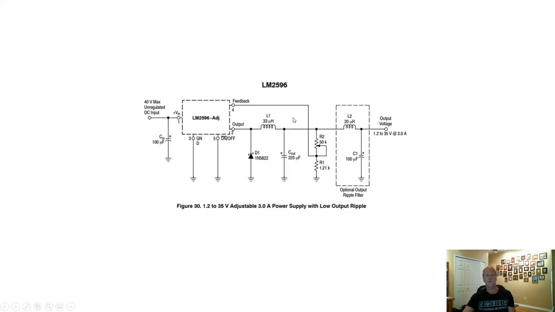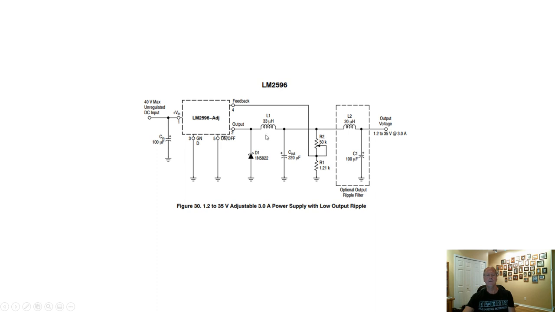Here's a little circuit of a switching regulator that we've used at work. This is the LM2596. This is a monolithic device. It's got the switch on the inside, it's got the pulse width modulator on the inside, and 40 volts on the input. Coming out here, we've got anything from 1.2 to 35 volts on the output, depending on how you set your feedback up here.